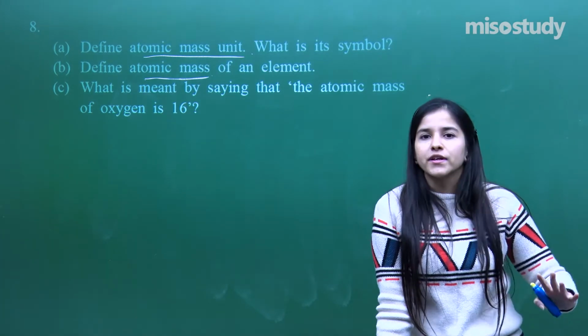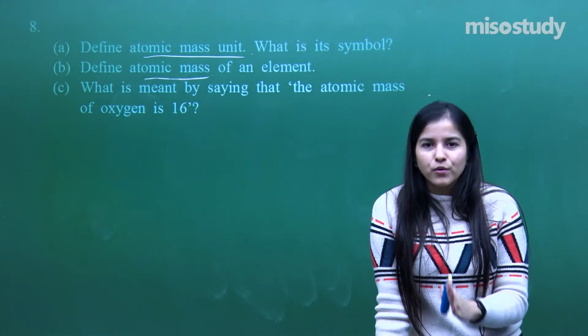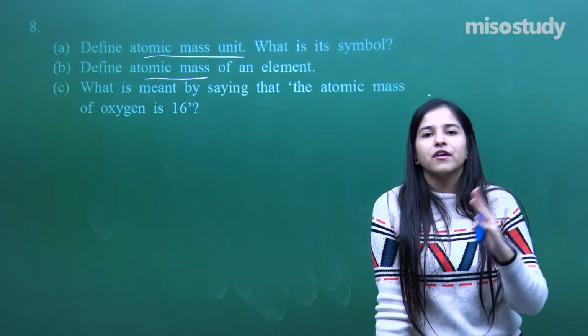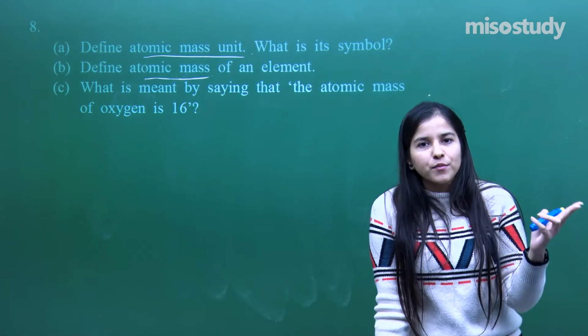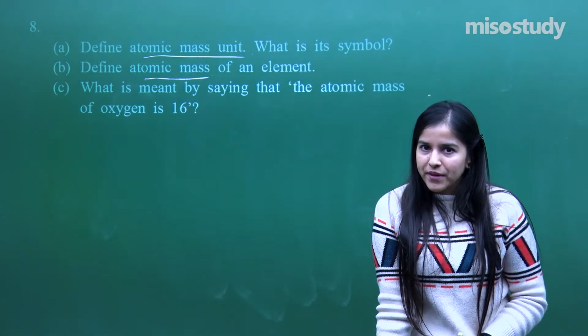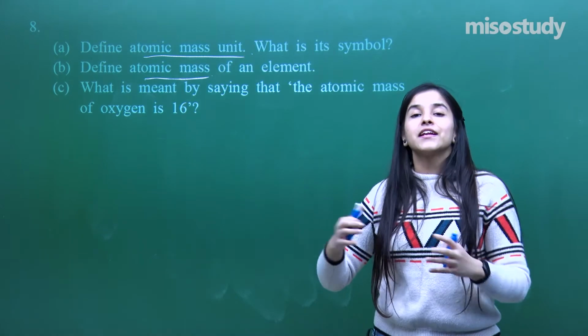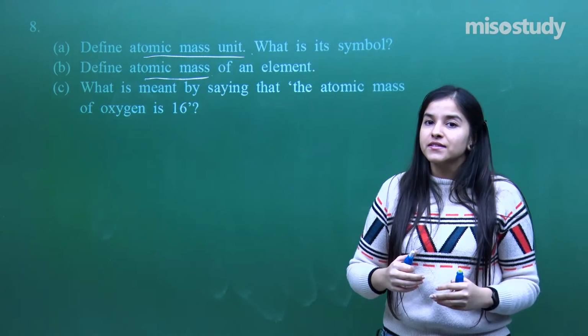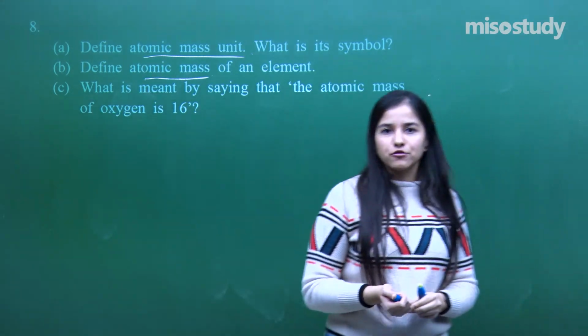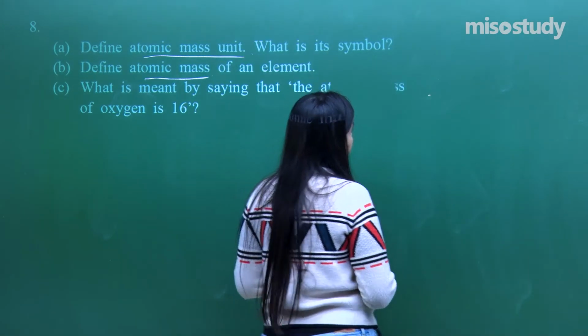So we never wanted that. So in relation with one particular element, that is carbon, we found out the atomic masses of other elements as well. So it is actually a relative mass in relation with carbon as an atom.